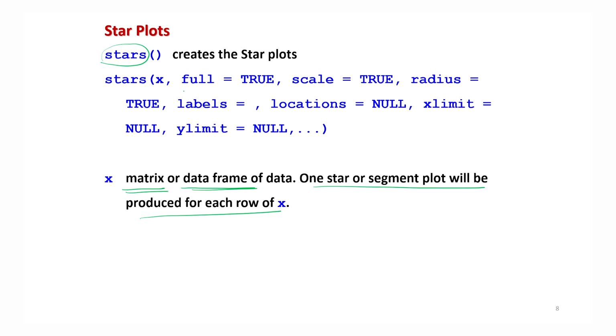After that, there are many options here, say full is equal to 2, scale is equal to 2, radius, labels, locations, x limit, y limit, etc. Once again, I would request you to please look into your help menu and see how you can use them.